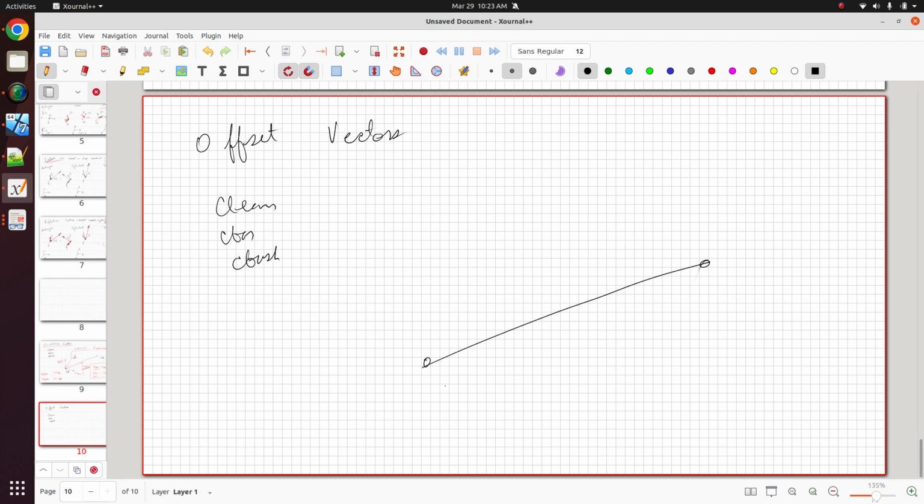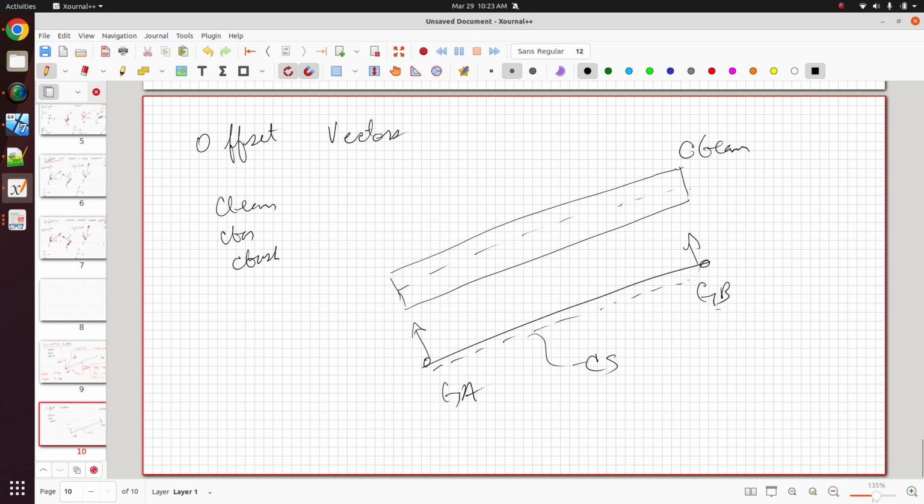Suppose you're dealing with the beam, and this is our GA, and this is our GB. Typically, the shear center is along GA and GB for a CBEAM element. So let's write CBEAM here. This dotted line is the shear center. Suppose you want to offset the shear center. How would you do that? This would be our new shear center point, and this is maybe the cross section for the beam.